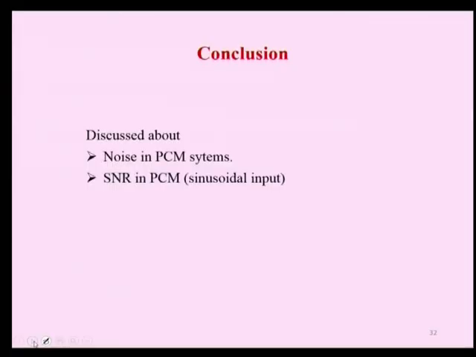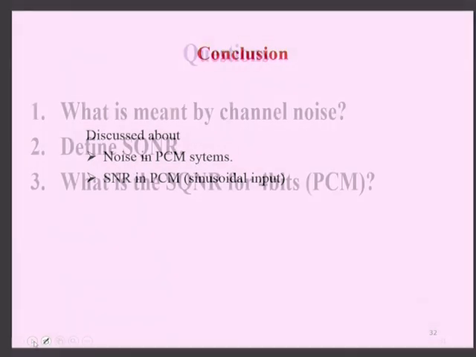We can control the quantization noise, but we cannot control the channel noise. And then we have discussed the signal to quantization noise ratio for a general signal and for a sinusoidal input signal. And then we have discussed the signal to noise ratio for different bit levels.